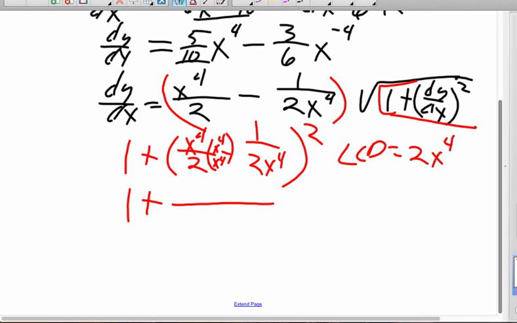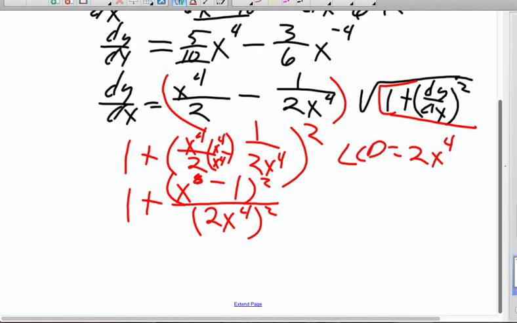And my denominator down here is going to be 2x to the 4th, squared. Again, with the squares, we can pull them out. And then this is going to give me x to the 8th minus 1, squared.